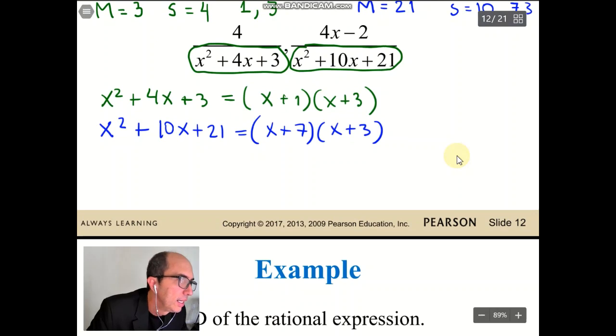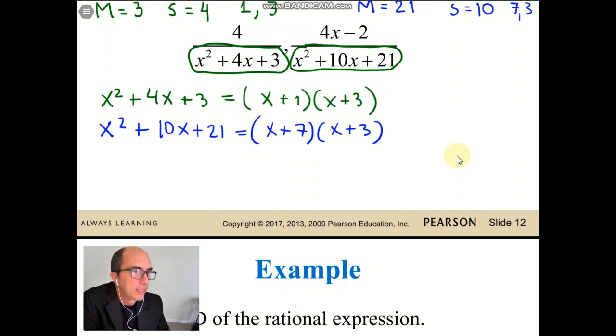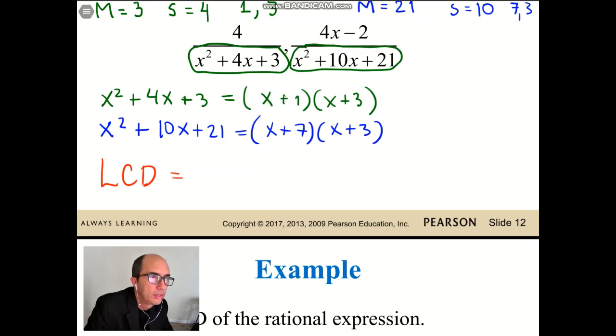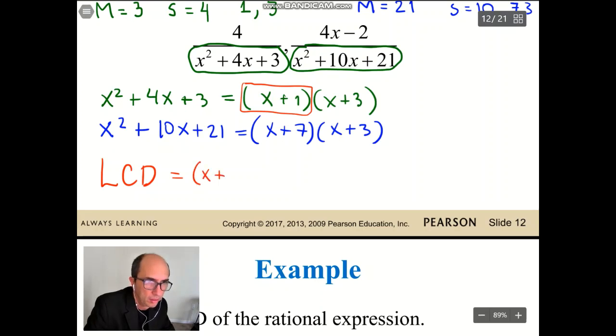And finally, let's find the least common denominator. The least common denominator is going to be all the unique factors. x plus 1 is a unique factor, so write down here x plus 1.